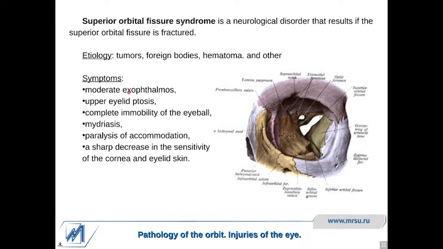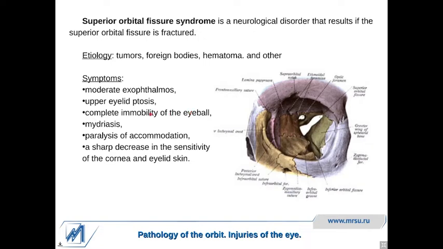Moderate exophthalmos can be due to venous blood stagnation. Eyelid ptosis is due to oculomotor nerve problems. Complete immobility of the eyeball is due to damage of this nerve too.